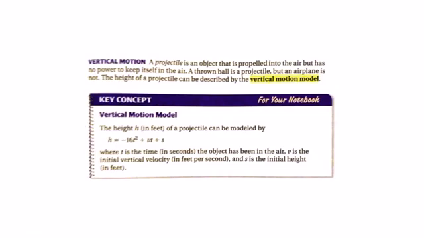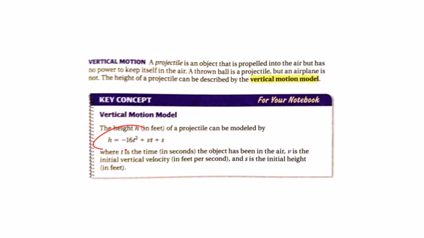Alright, so using vertical motion here, this is just a common formula, and this is used all of the time in physics to model the height. So no matter what speed it is, a projectile, an object is thrown into the air. Typically we talk about balls, rocks, or bowling balls.